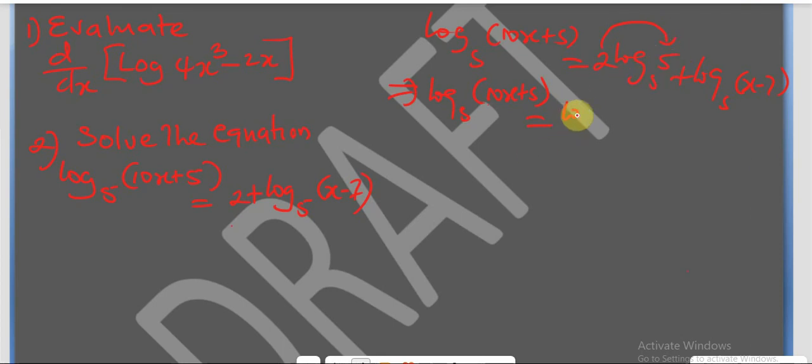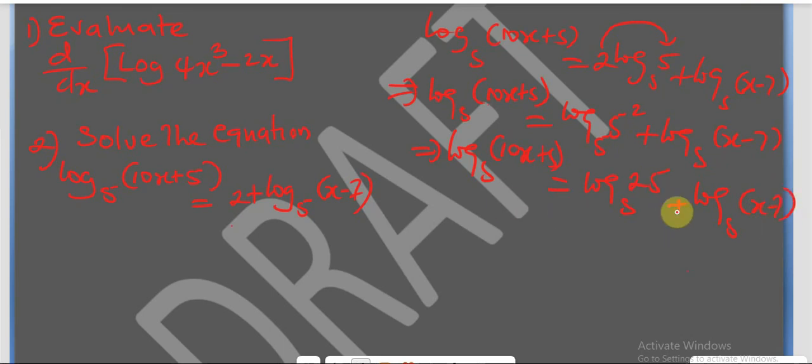So that becomes log base 5 of 5 squared plus log base 5 of (x minus 7). And 5 raised to the power of 2, we know, is 25.